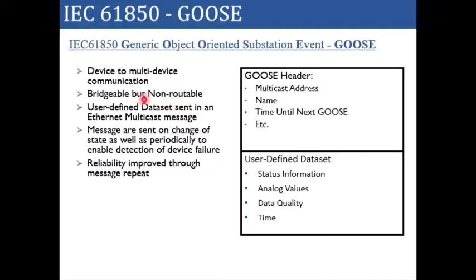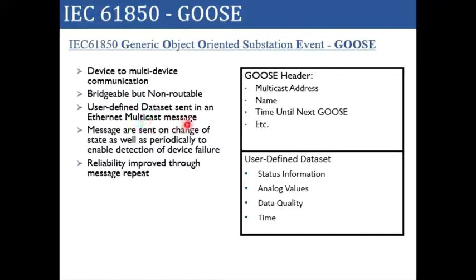So the routing is not possible for the GOOSE messages. Here the user defined dataset is sent in the Ethernet multicast messages. So the data generated at the device level will be sent in multicast message format on the Ethernet link layer, and from that it goes to the application layer.